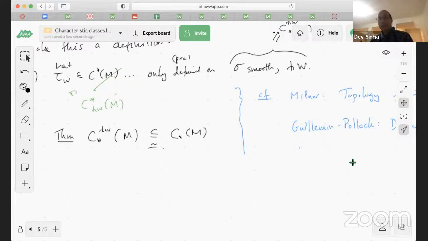And one fact about it is that within the smooth chains, the ones which are transverse are open and dense.